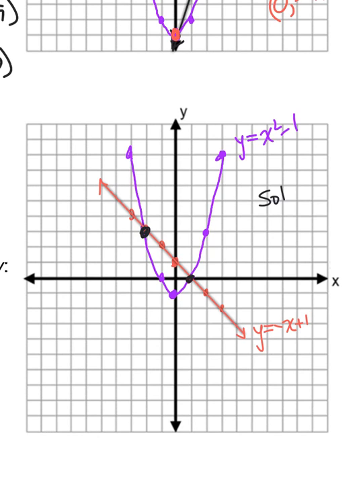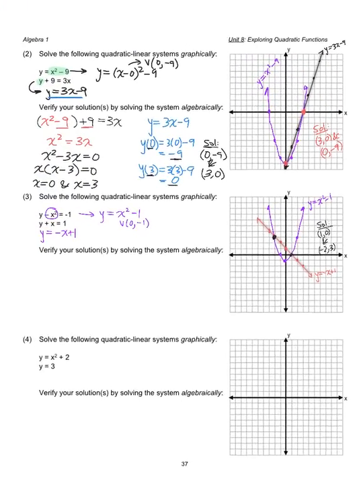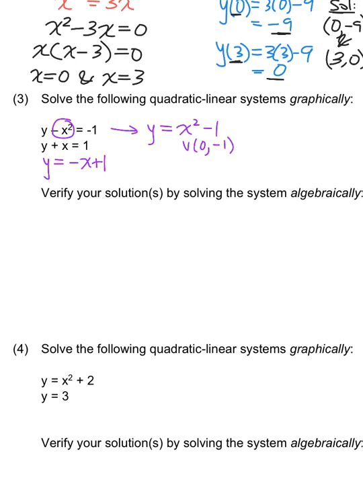Our solutions would be 1, 0, and it looks like -2, 3. I don't need to check it because I'm about to do that algebraically. So if I get something other than 1, 0 and -2, 3, I'll know to go back and look at my work again.